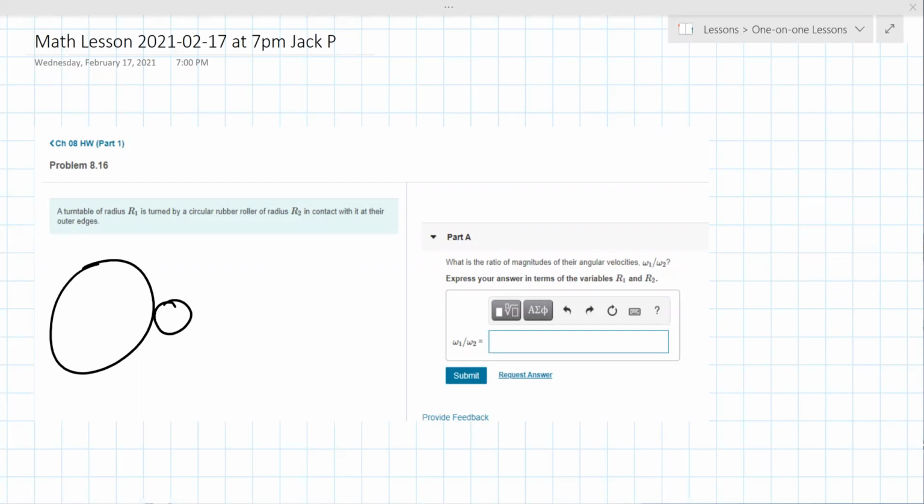Okay, so it's pretty straightforward actually. The velocity v1 is omega 1 r1. Velocity 2 is omega 2 r2, and because they're turning together, their velocities are the same.